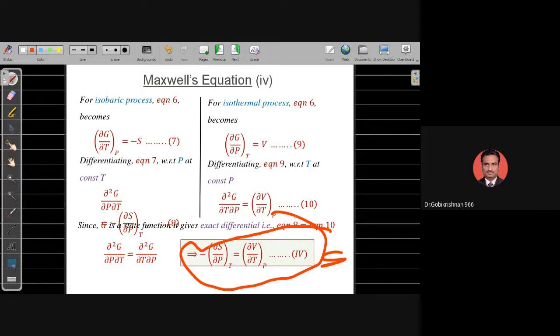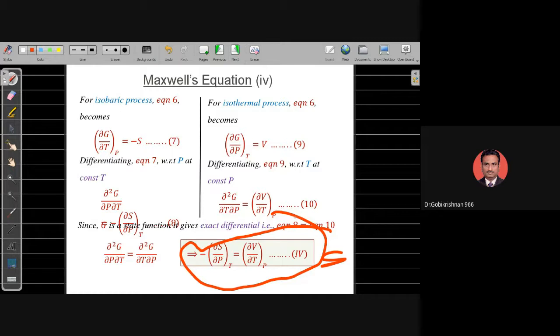The only principle is, what is the definition of all energy properties? For E, what is it? dq is equal to dE minus T dS. We have to start from the 4 most fundamental energy properties: H, E, A, G. By using first and second law of thermodynamics, we have to get the relation.